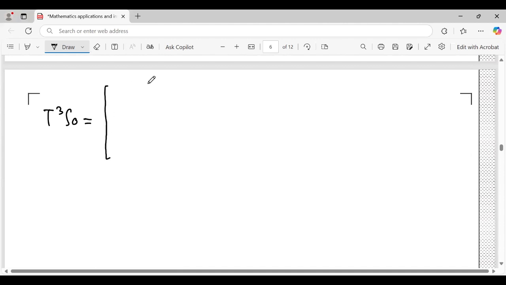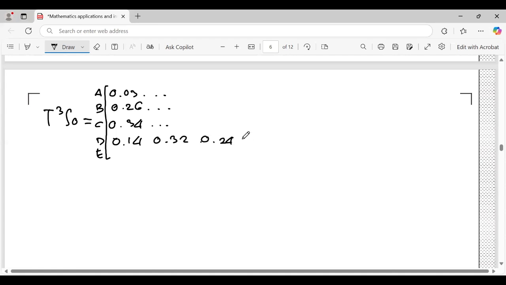Okay, and I will concern only on D because D to D means row D. A, B, C, D, E. Row A: 0.03, 0.26, 0.34, 0.14, 0.32, 0.24, 0.21, 0.23, 0.23, and so on.